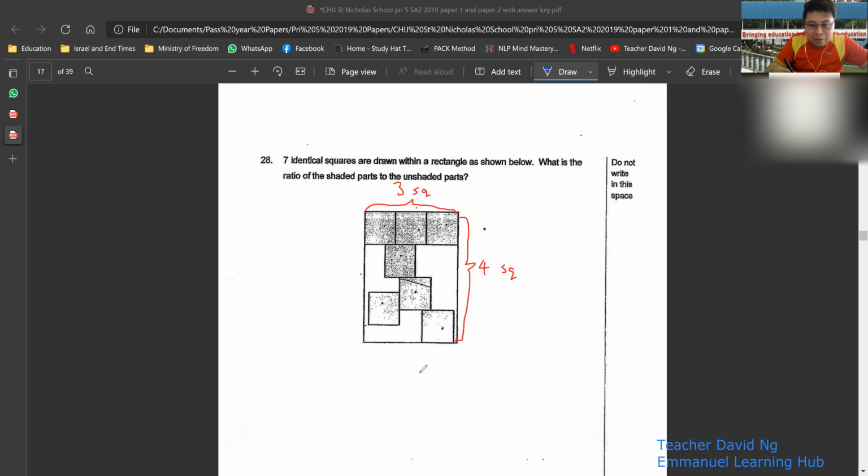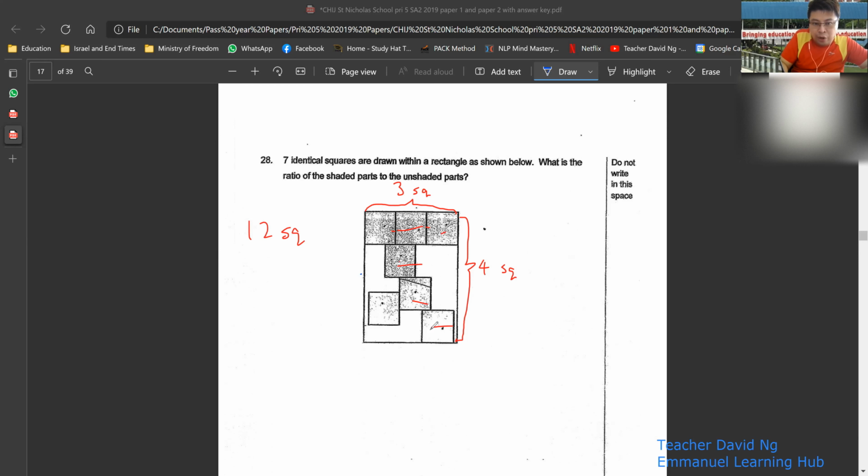Because 1, 2, 3, 4. I'm concerned about the length. So I have the length and the breadth in terms of squares, right? 4 times 3, 12 squares. That means this whole rectangle can fill up 12 squares.